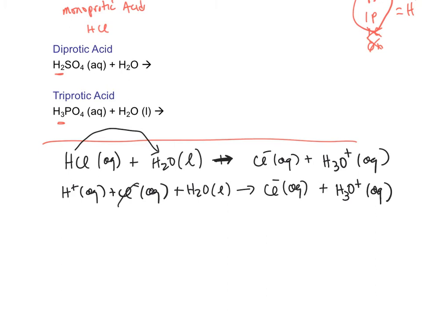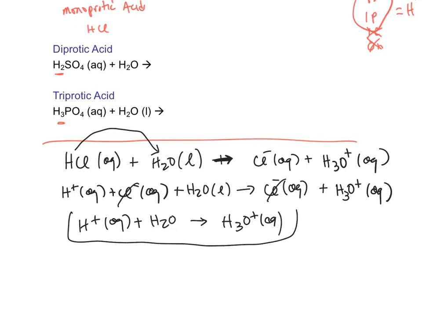So the spectator ions here are the chloride. The net ionic equation is H plus H2O forms H3O plus. This is another important reaction in acid-base chemistry. We'll spend a lot of time on that next semester.